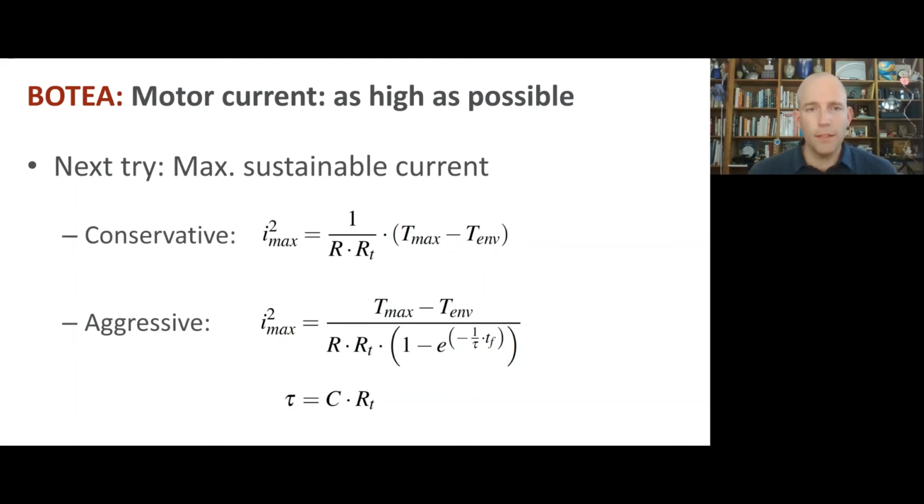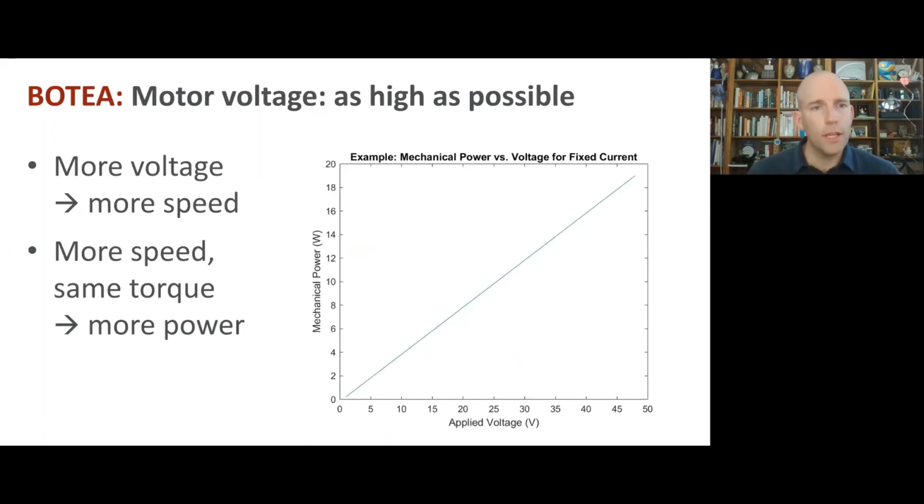And remember that the current is proportional to the torque. And under some conditions, as the current increases, the power is going to increase also. So we probably want to be operating right at that current limit. But what voltage do we want to apply? Well, here we want to, again, apply the highest voltage that we can.